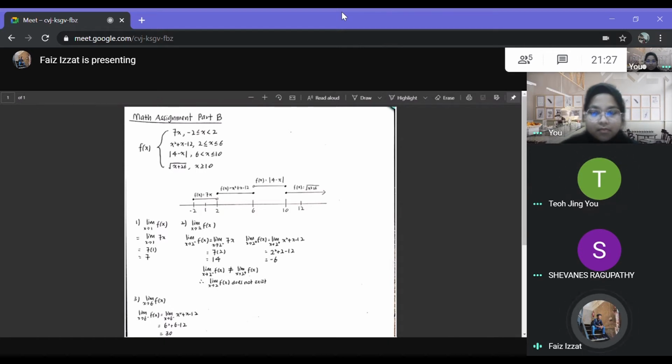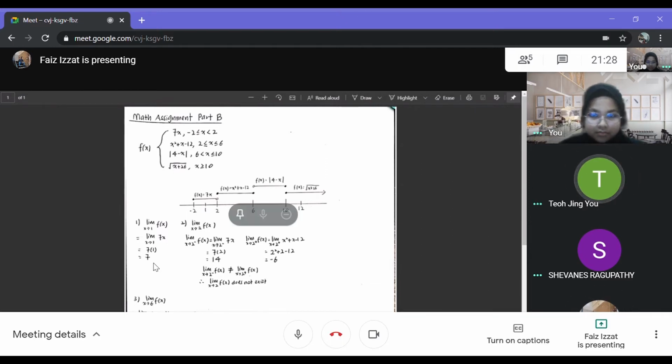Okay, as we can see, the first function is called a linear function, where f(x) equals 7x and x is more than or equal to -2, but less than 2. For the first step, you have to write down the limit of the function f(x) as x approaches 1.